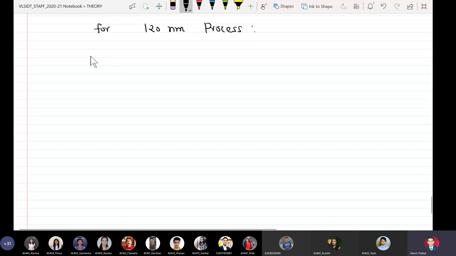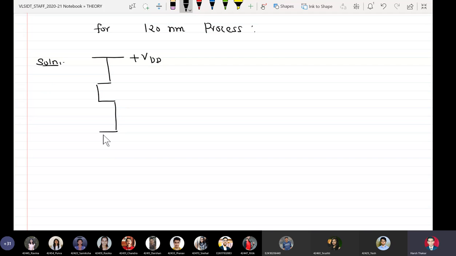So the solution goes something like this. I have my CMOS inverter, and this is my PMOS, and this is my NMOS.